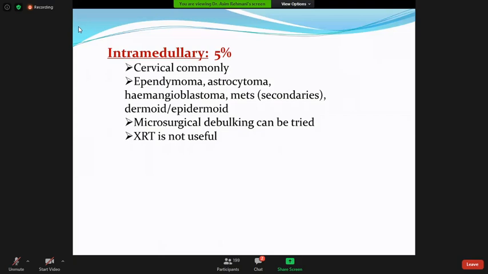In these types of tumors, we cannot excise them completely, so the goal of surgery is microsurgical decompression or debulking, and it can be combined with radiotherapy if the lesion tends to be malignant.